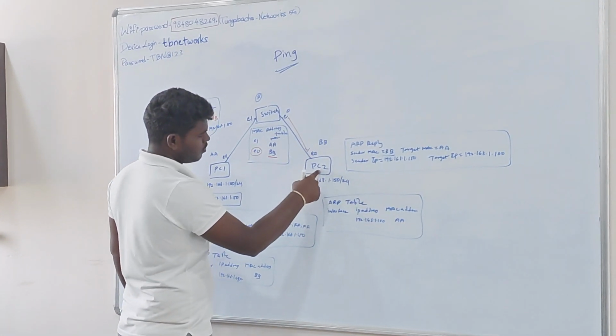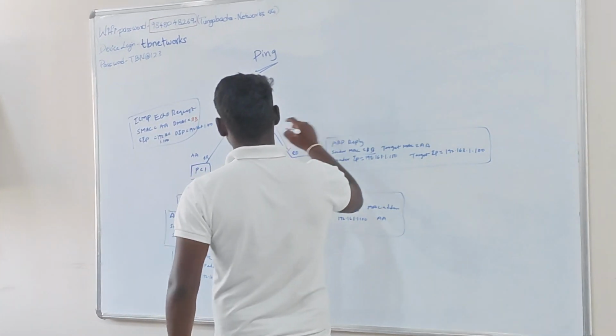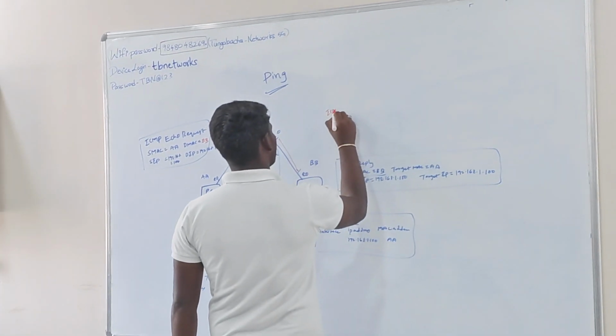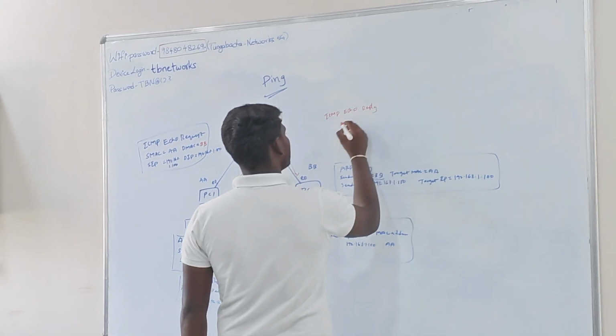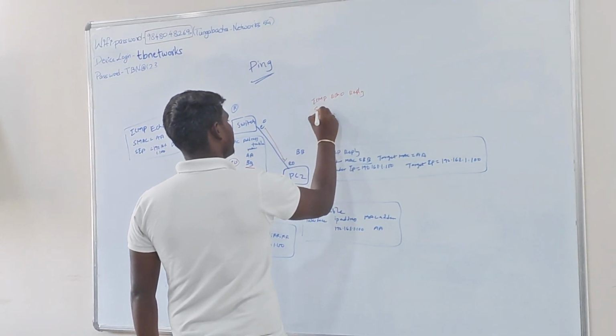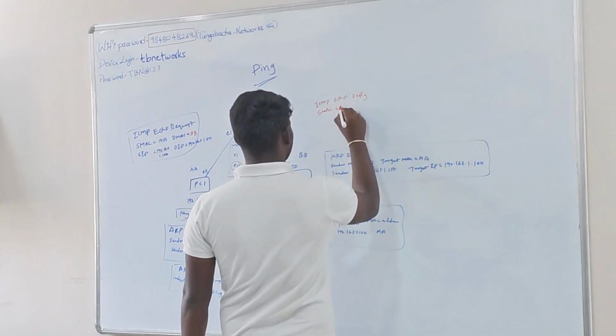It goes to PC2, and PC2 will generate the ICMP echo reply packet. It contains the sender MAC. Here the sender MAC will be BB.